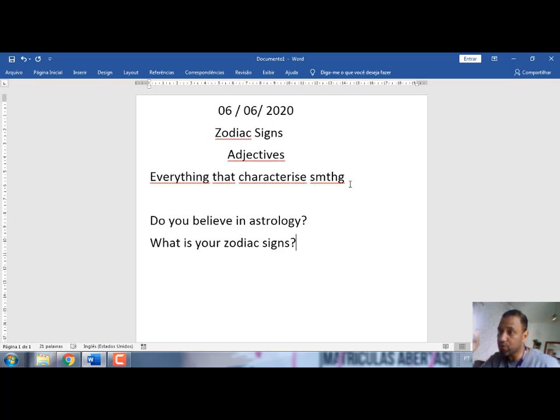If you do, what is your zodiac sign? Another question: how often do you read your horoscope?